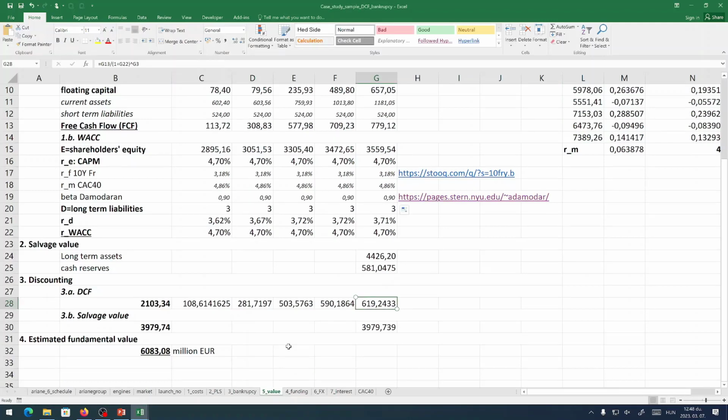dramatically, but the salvage value will still be really important. Okay, I was able to increase the salvage value because cash reserves are added to the game, so that's why this one is also increasing. We can still see here that it's 6 million euro now.